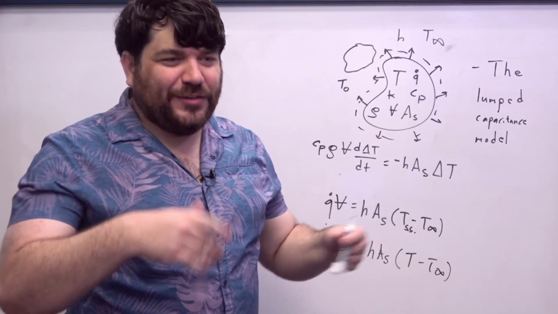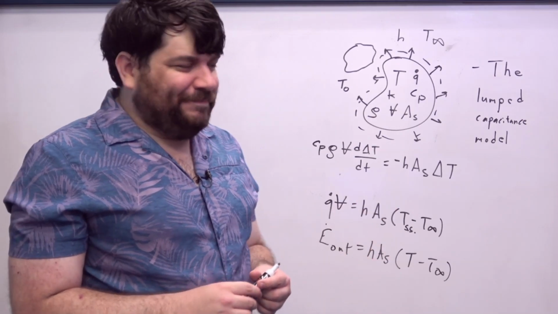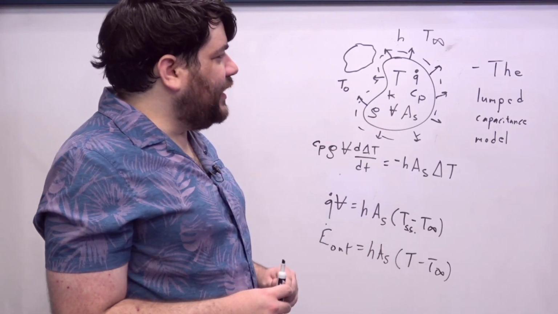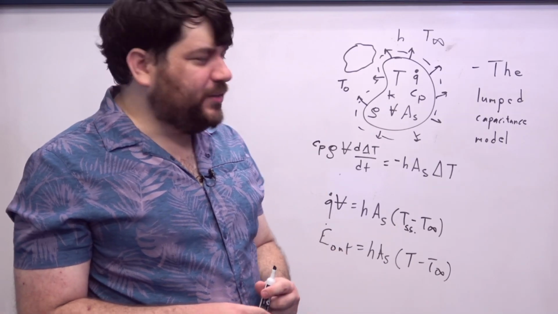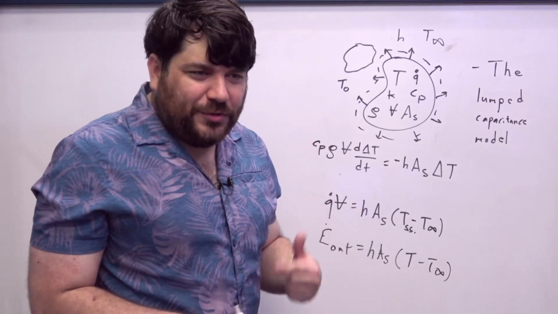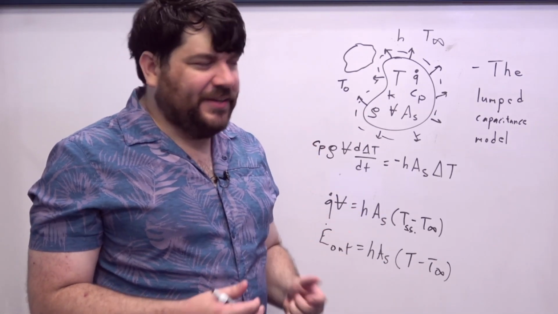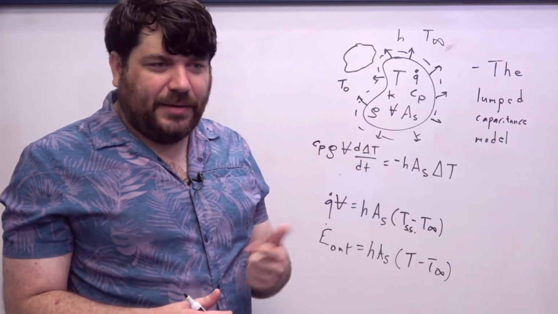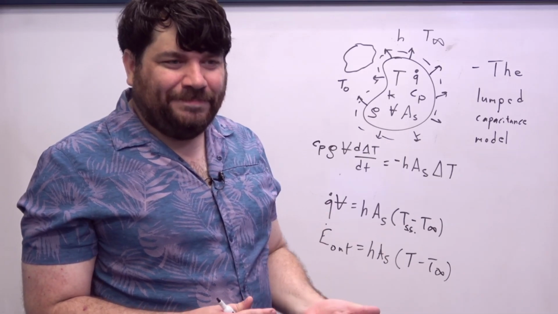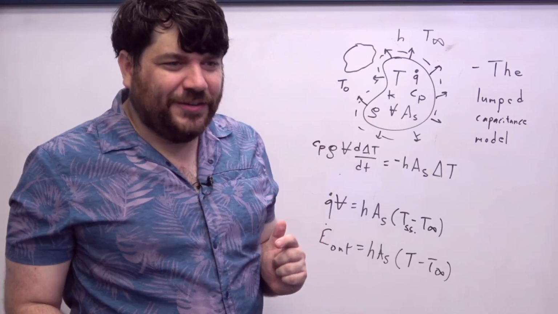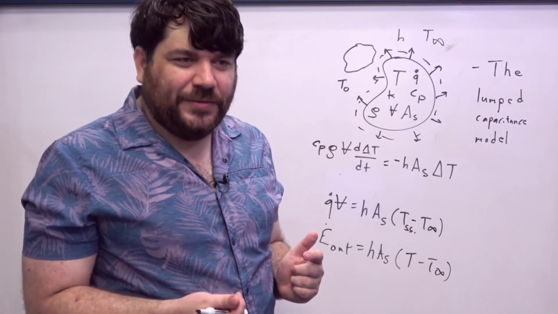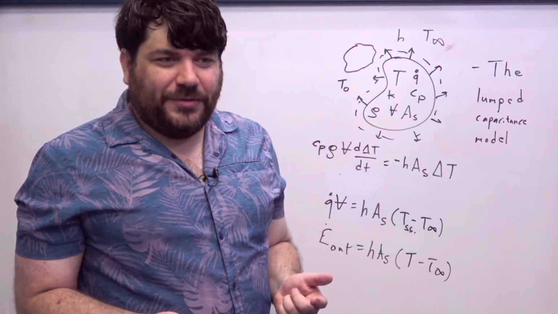Or more precisely, as long as that Biot number is sufficiently small. And so, like we talked about before, this is commonly called the lumped capacitance model, and it is one of the best tools that we have available to be able to understand how we can see the temperature changes of objects over time. And we've derived this fundamental fact, which is that under the right conditions, that temperature change is going to be exponential, right?